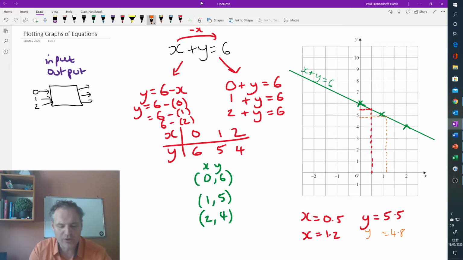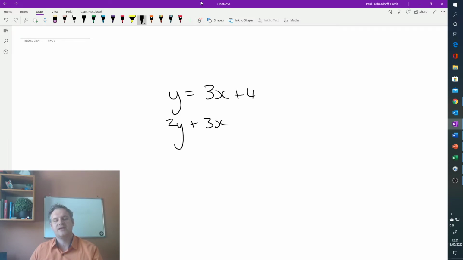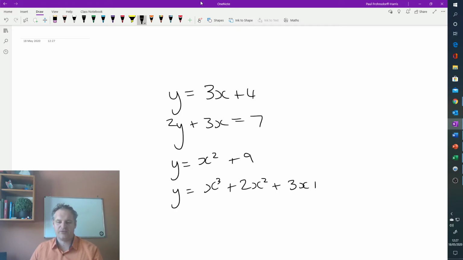But Mr. Harris, how do I know whether it's going to be a straight line? Well, there is a tell. If I look at these lines: y equals 3x plus 4, 2y plus 3x equals 7, y equals x squared plus 9, y equals x cubed plus 2x squared plus 3x plus 5.